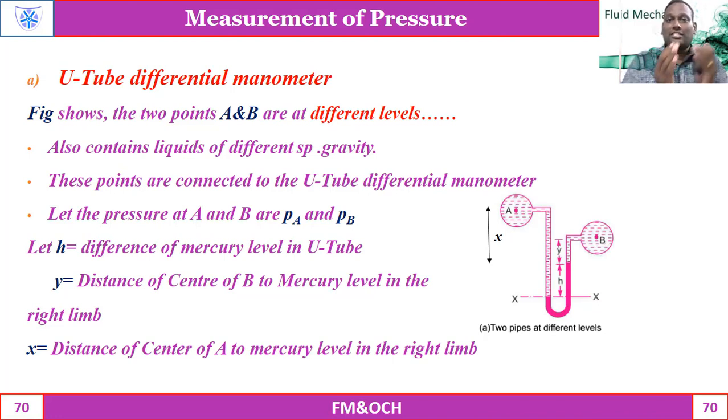Let h be the difference of mercury level in the U-tube, and y is the distance of the center of B to the mercury level in the right limb. x is the distance of the center of A to the mercury level in the left limb.